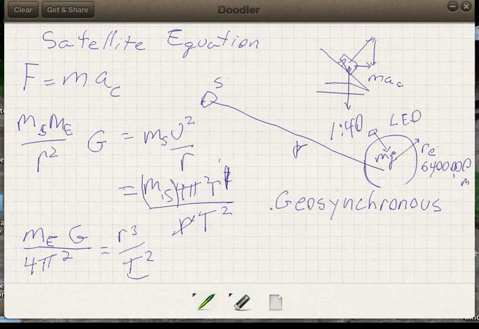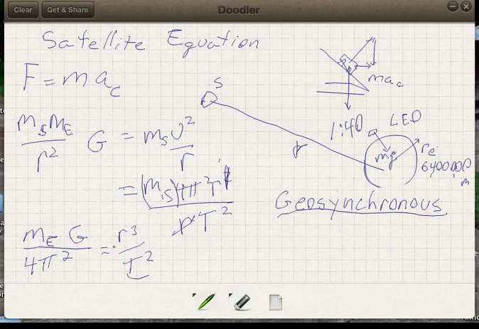This is a very special distance because it allows a satellite to go around the Earth at the same rate it rotates, and therefore when we look up, we see the satellite as not moving. That's where all of our TV and radio satellites are.